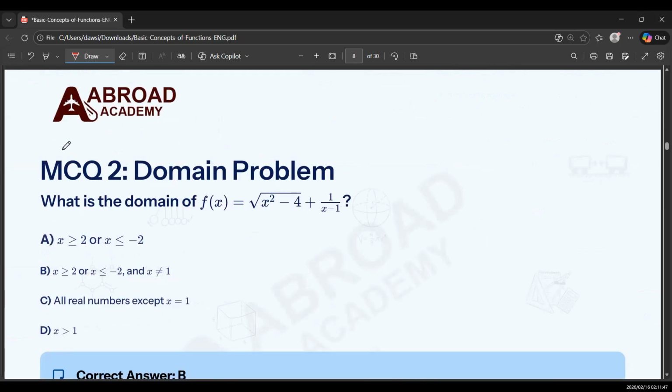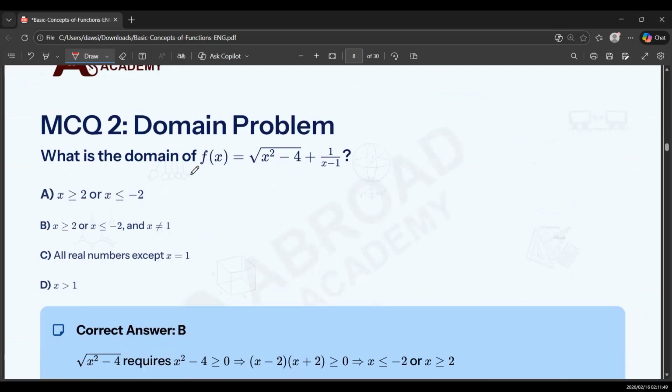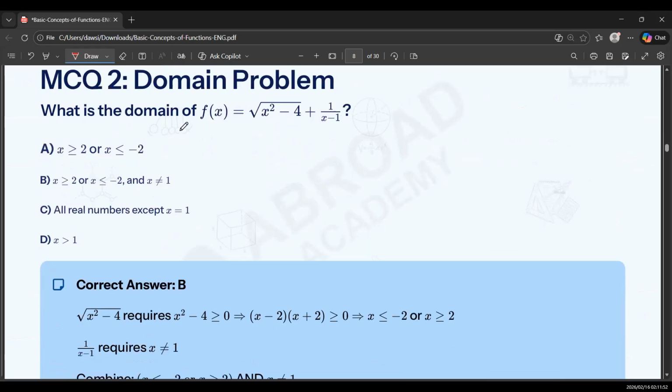Here's a domain problem, MCQ 2. What is the domain of f of x equals x squared minus root of x squared minus 4, plus 1 divided by x minus 1? Okay, here is option A: x is greater than or equal to 2 or x is less than or equal to minus 2.